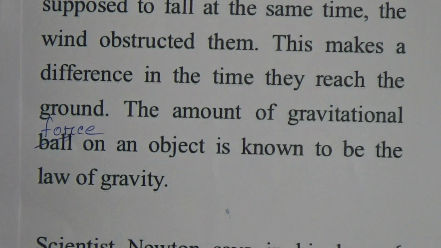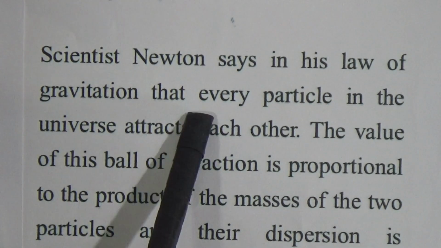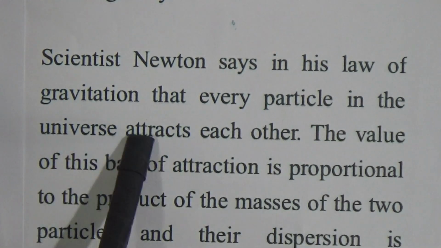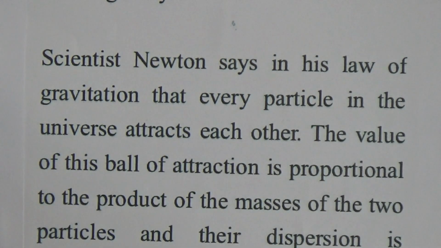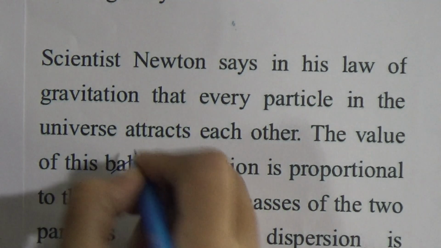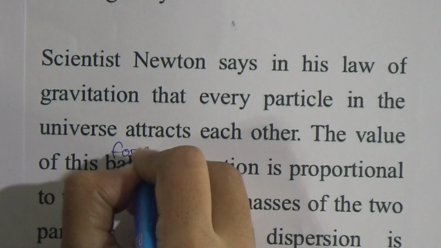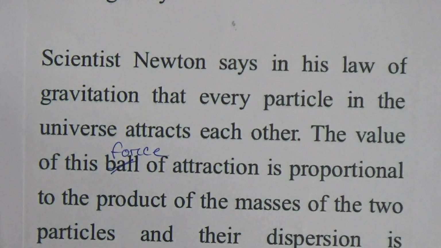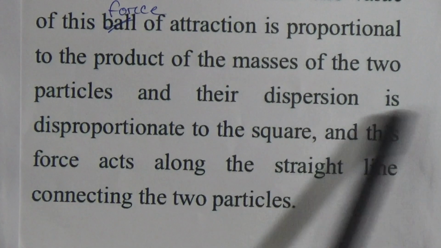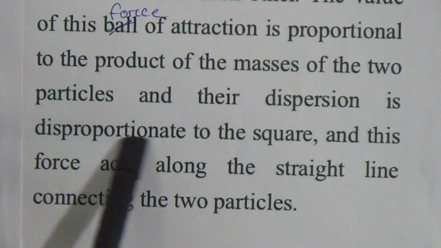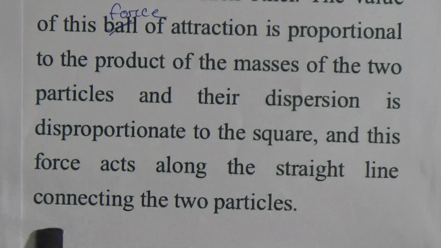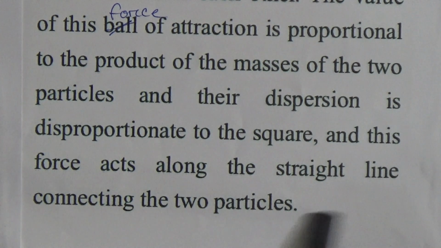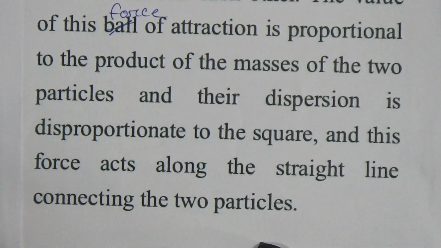Scientist Newton says in his law of gravitation that every particle in the universe attracts every other, and the force of attraction is proportional to the product of the masses of the two particles, and inversely proportional to the square of their distance, and this force acts along the straight line connecting the two particles through their centers.